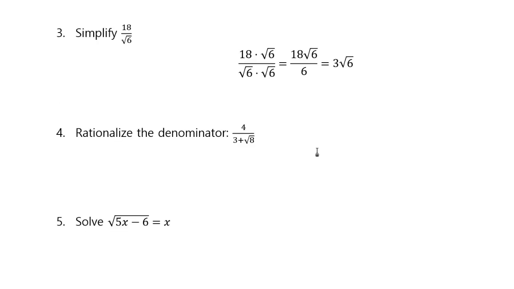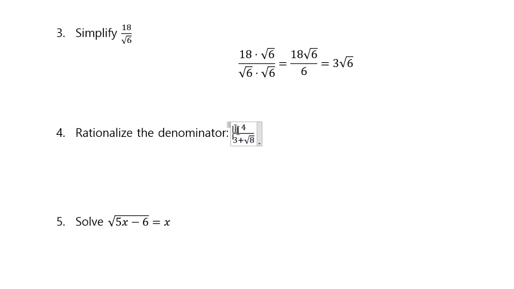Okay, now here's a challenging one. If you try to rationalize a denominator where you have two terms, they may both have square roots or just one of them, doesn't matter.